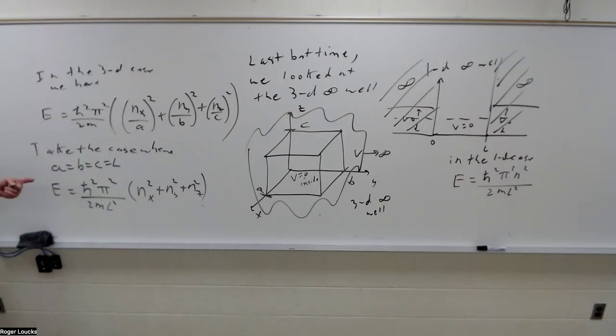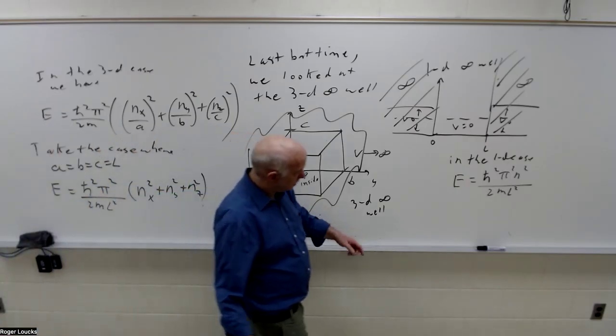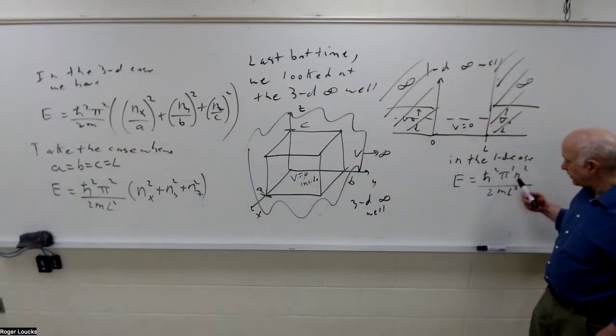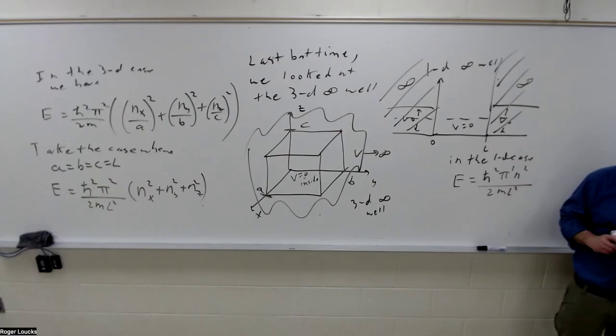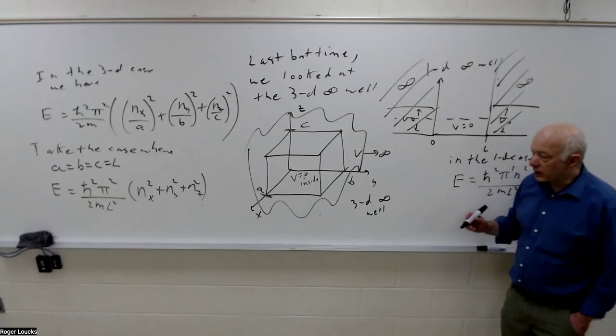Now this really looks exactly like that equivalence. This feature here is the exact same thing as this feature here, and then we just have all the three n numbers there. So now we have three quantum numbers.